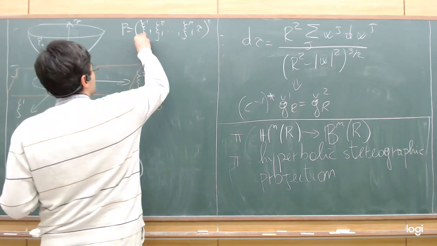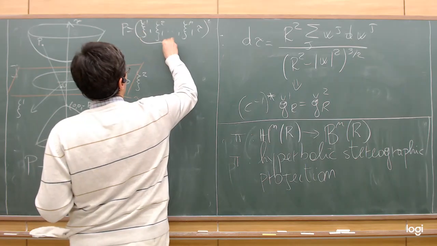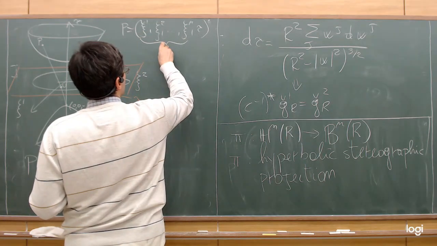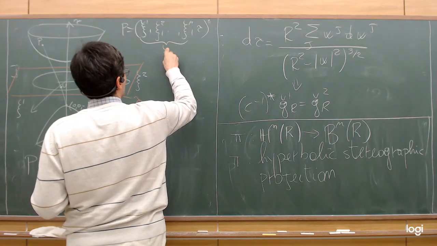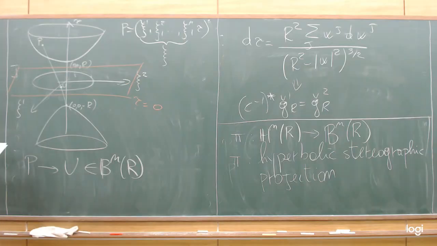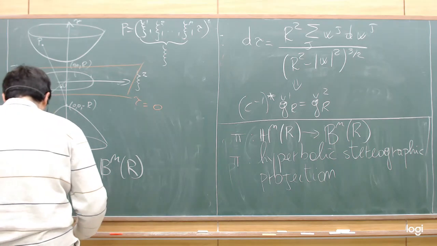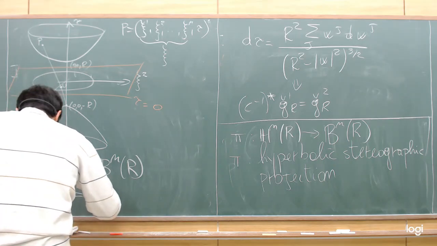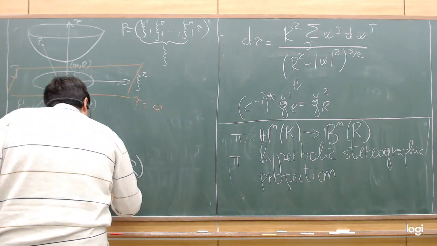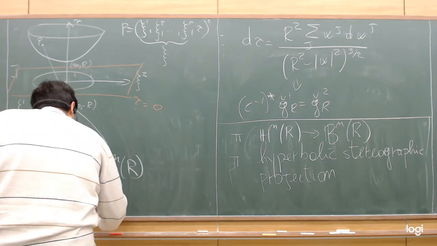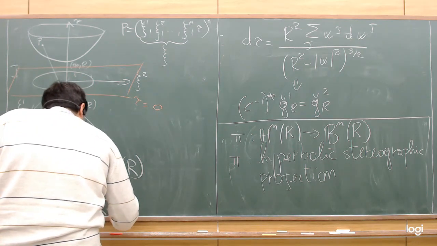If exactly as before the first n coordinates are represented by c, then you can prove that pi of c, tau is equal to r c divided by r plus tau.